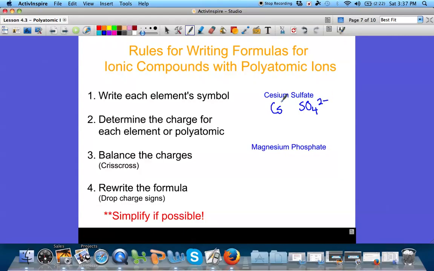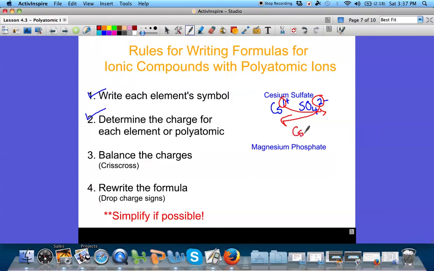Cesium is going to have a 1+ charge. And then we're going to balance out the charges again with the crisscross method. So we're going to take the number from cesium, give it over to sulfate, and the number from sulfate, give it over to cesium.